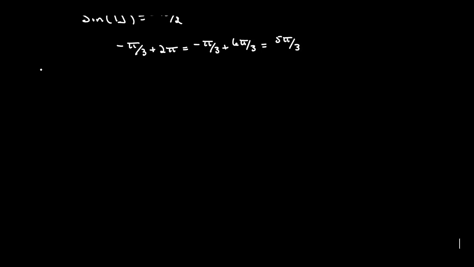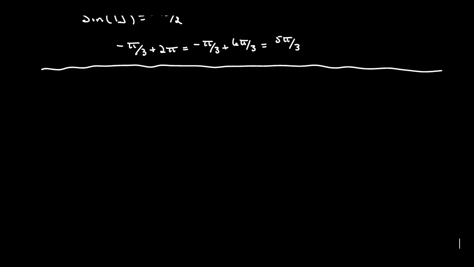Cosine has a very similar inverse function. And that's why it's nice to pair them together. So the inverse cosine function is labeled with this little negative 1 up top.